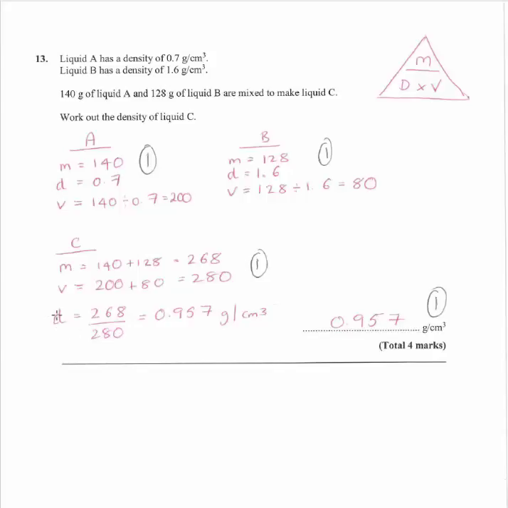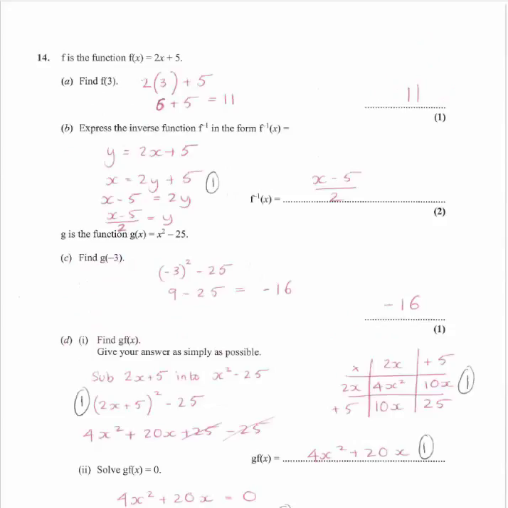Okay, so the density of the mixture is the total mass, 268, divided by the total volume, 280, which gives us this. A last minute double check, we're mixing these two ingredients together, and so the combined density would need to be somewhere in between these two, and it is. Okay, thank you.